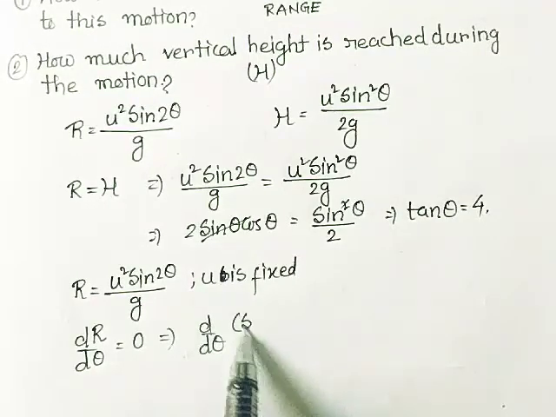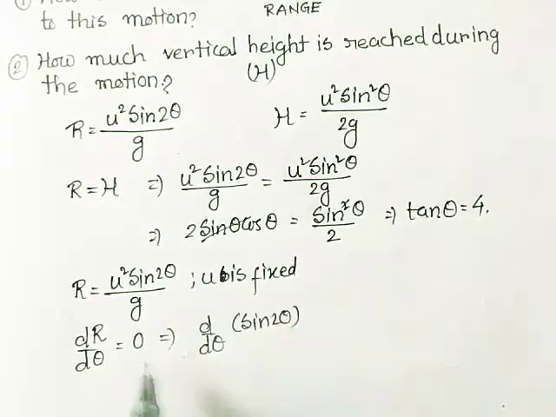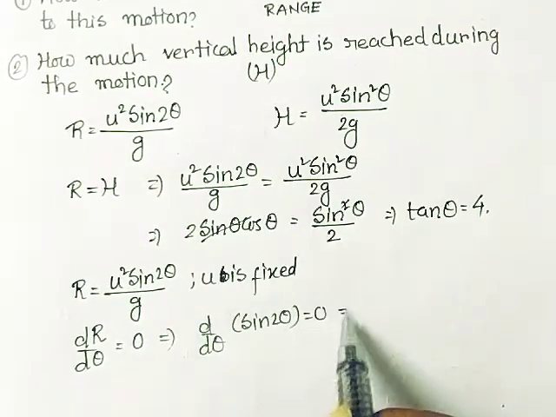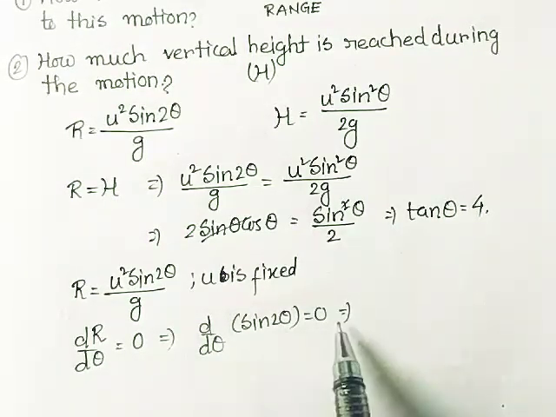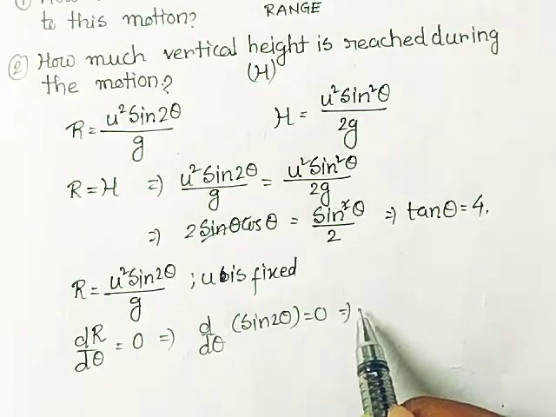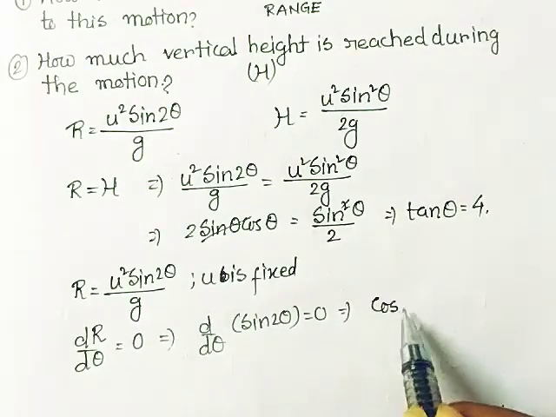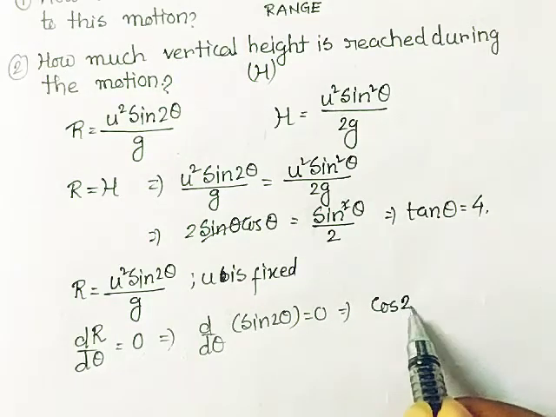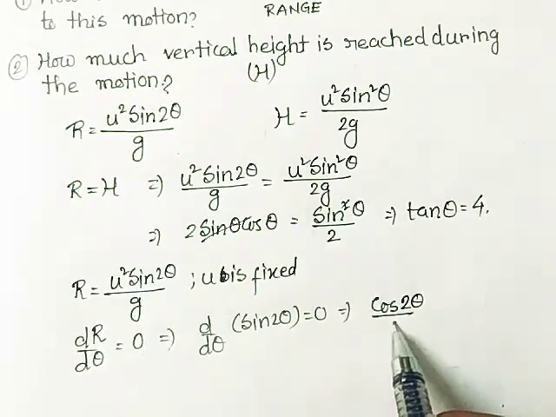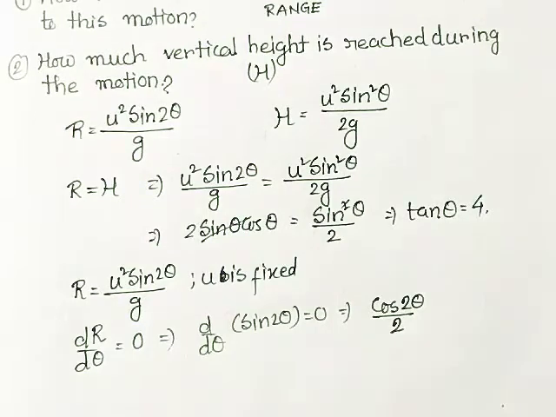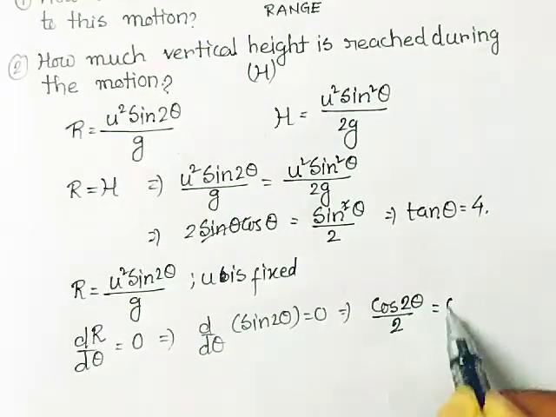So it is basically differentiating sine 2 theta, because u squared by g can be written outside, and after that it can be made 0. So the derivative of sine 2 theta becomes cos 2 theta, and it is 0.